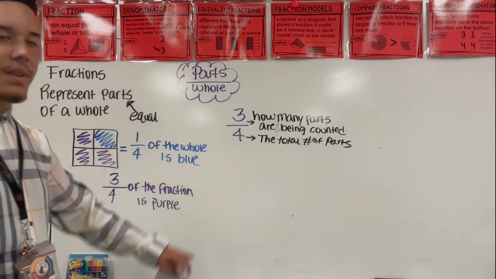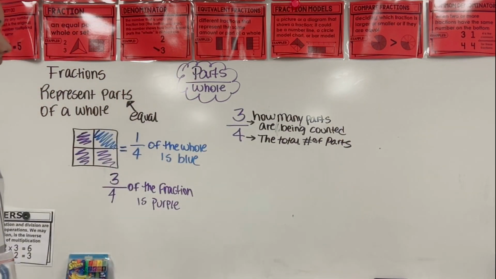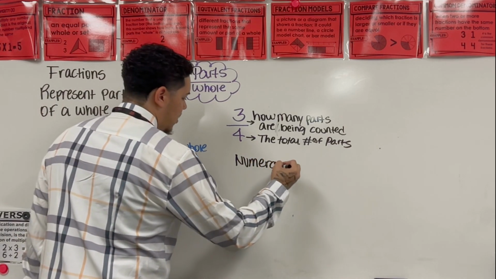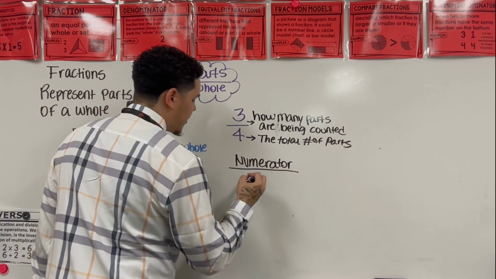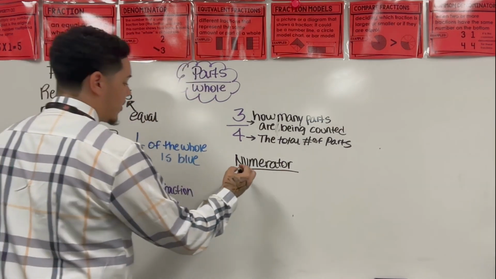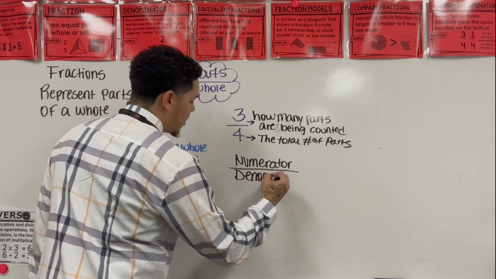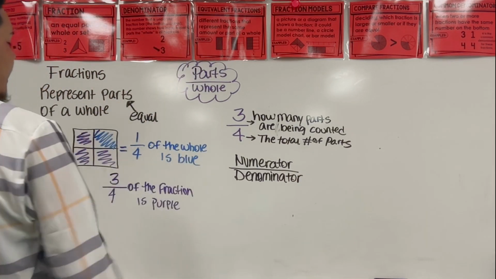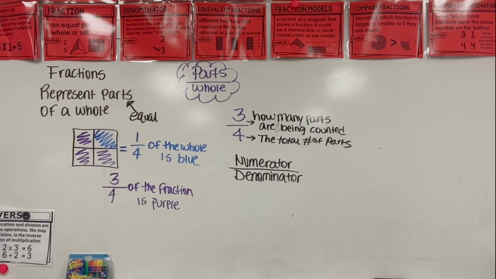But why are these numbers aligned like this? At the top, you have the numerator, and under the numerator is the denominator. So remember that the denominator is the total, and the numerator represents the number of parts that are being counted. So parts over whole.